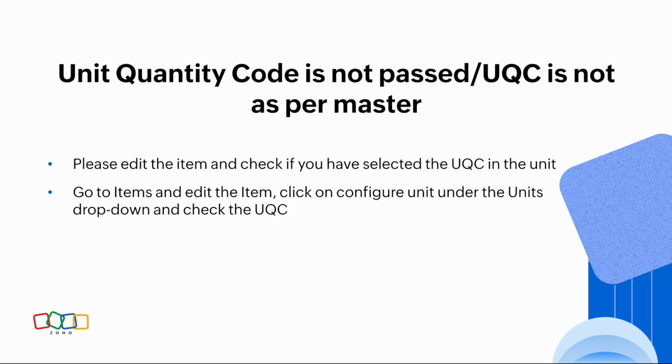So in this case, you would have to navigate to the items module, click on that particular item which you have mentioned in the transaction, edit it, and click on the configure units option, and ensure that you have chosen the appropriate UQC for that particular unit. Once done, navigate to that particular invoice, unselect that item and choose the item once again in that invoice. Once done, you can push the invoice to the IRP.